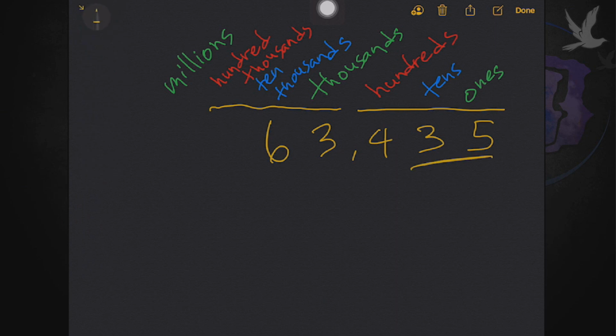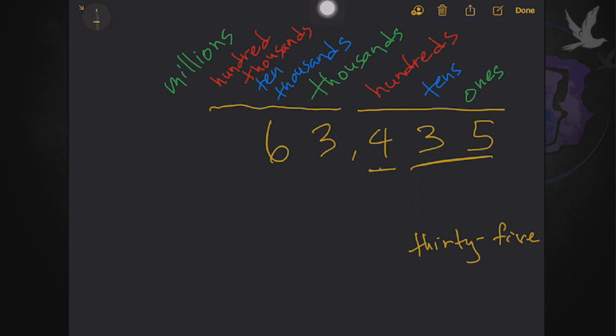Having our best friends, we read them as 35 as how you have learned to read it earlier. That's 30 hyphen 5. So that's a total of 35. And you can see we have this unit of 4 here under the hundreds place.